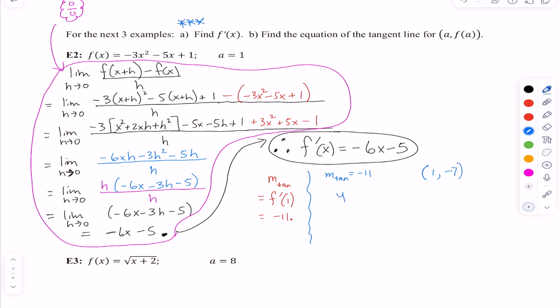Now we're going to use the point slope formula to get the equation of the tangent line.